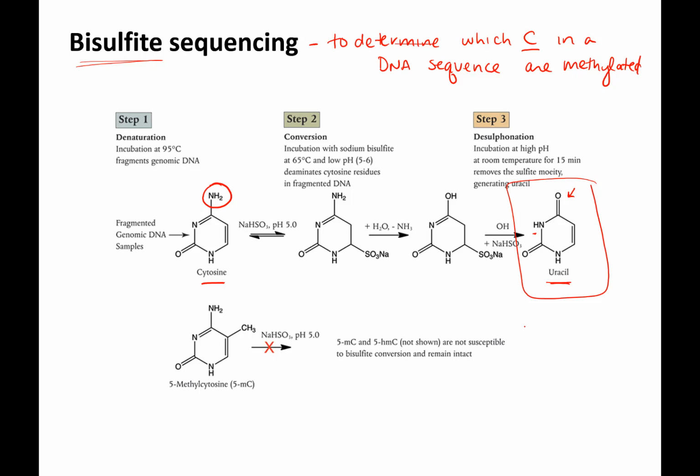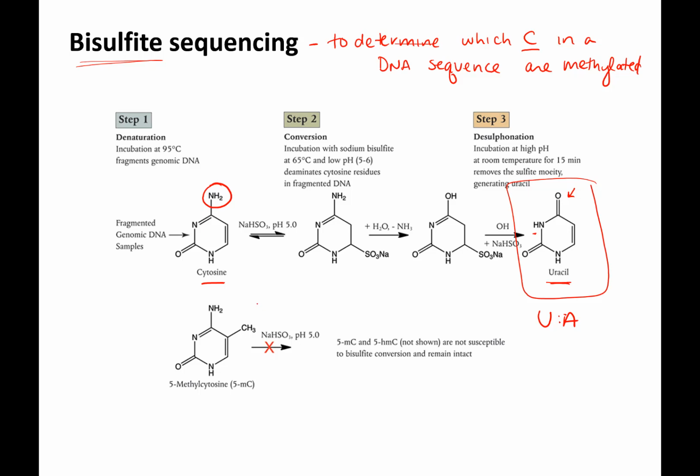Remember, uracil is not normally found in DNA, but it does base pair with adenine. So U and A's can base pair in RNA. So this nucleotide is semi-stable, but it's going to change your DNA sequence.